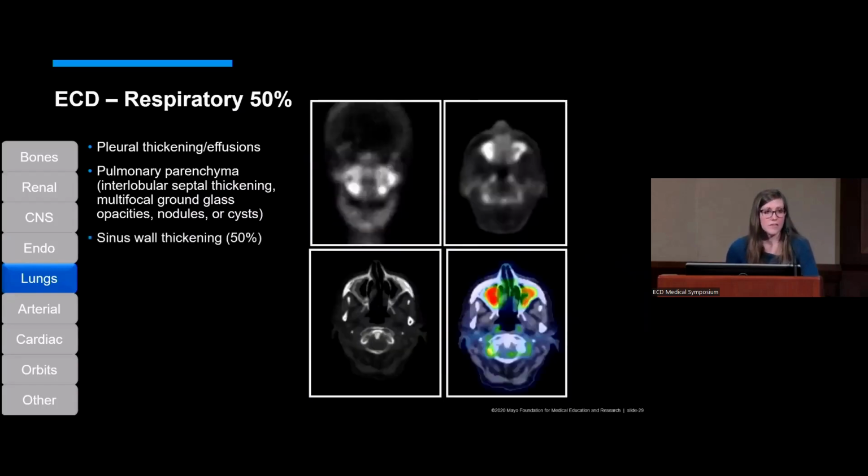Sinus wall involvement is pretty common. In the maxillary sinuses, you can get involvement. This first image is from a bone scan, where we see increased radiotracer uptake along the maxillary sinuses. And then these other images are on PET CT, where we have FDG avid mucosal thickening of both maxillary sinuses, and you get this thickening of the maxillary sinus wall as well.